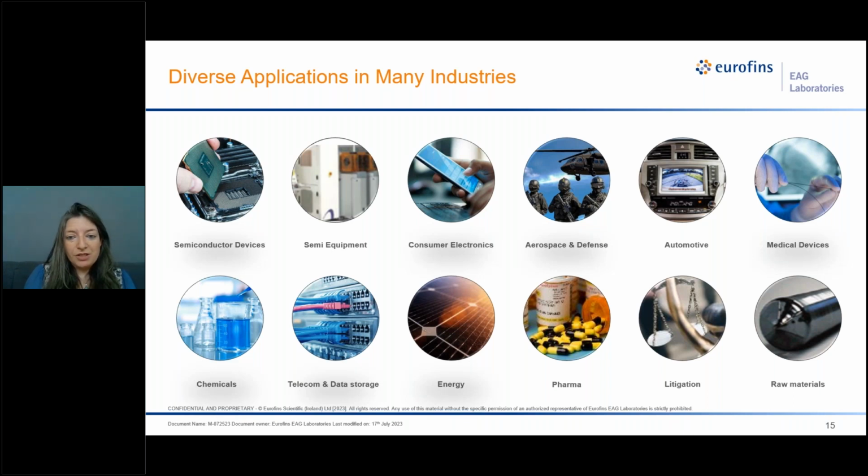They are not industry specific. We'll talk about different applications in just a few minutes, but suffice it to say, any application you can think of that has organic molecules can benefit from these techniques.